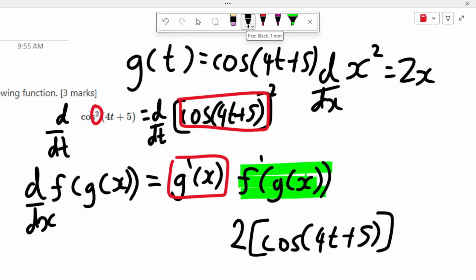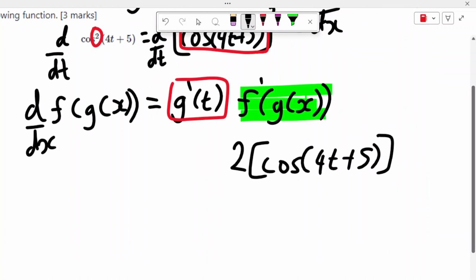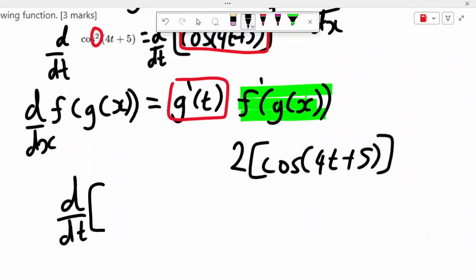But now we have to figure out what this function here in red is, and we can do that by differentiating this equation.